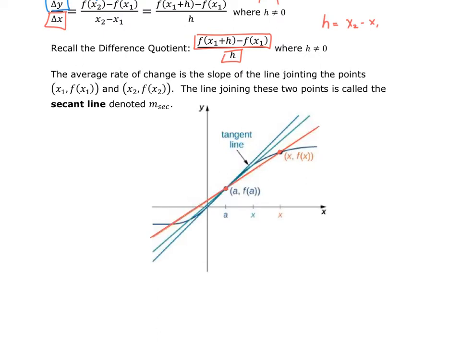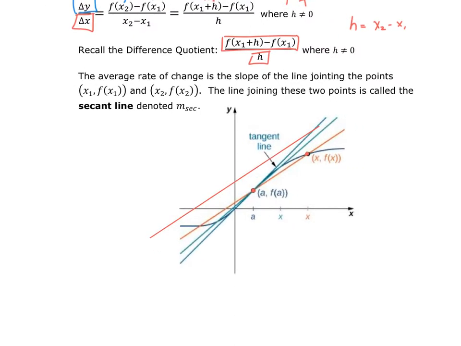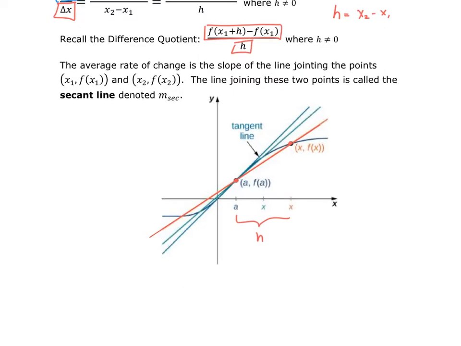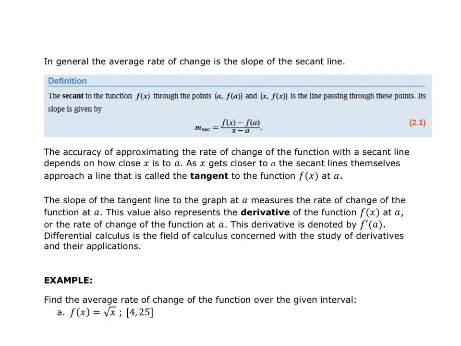And then, of course, this is the distance traveled. The distance you have traveled between x and a is h. As h goes to 0, the secant line becomes the tangent line. So in general, the secant is the line that passes through the points a, f of a, and x, f of x, or you might see this as x sub 1, f of x sub 1, and x sub 2, f of x sub 2.